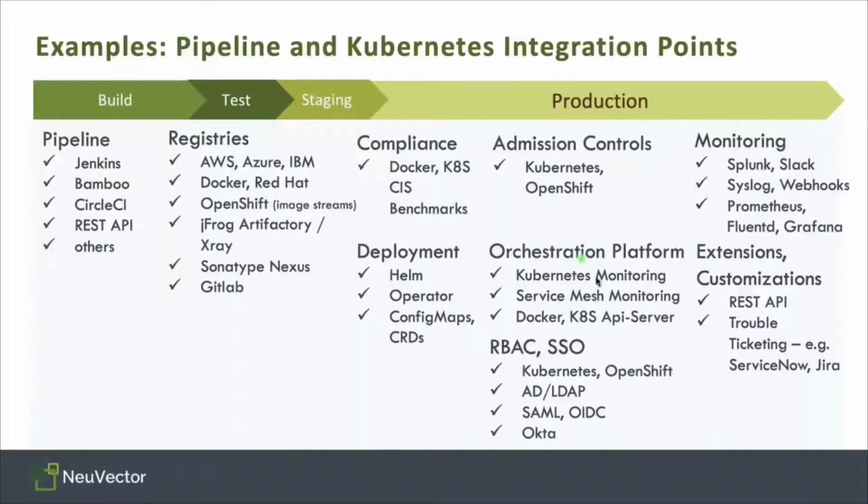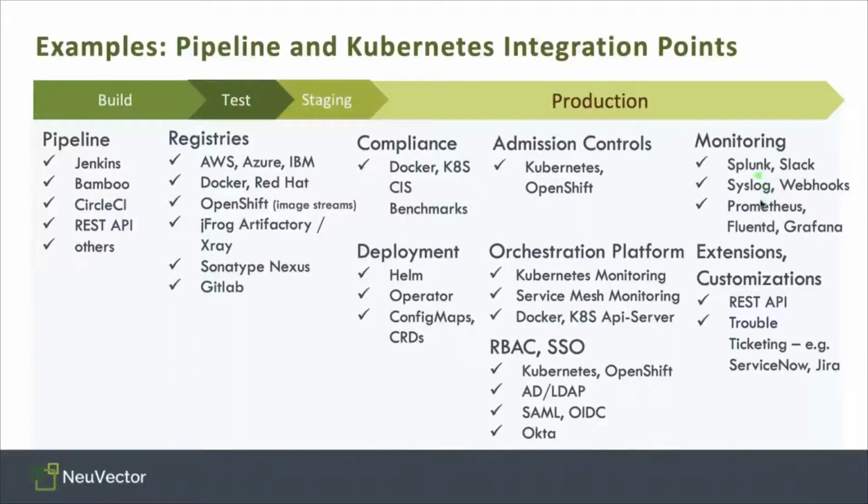There clearly needs to be integration with the orchestration platforms to monitor what's going on, as well as to keep track of all the pods that are coming up and down. And all of the user management, just the basic Active Directory or LDAP and single sign-on, but also integrating with the RBACs that are provided by Kubernetes and OpenShift should also be created.